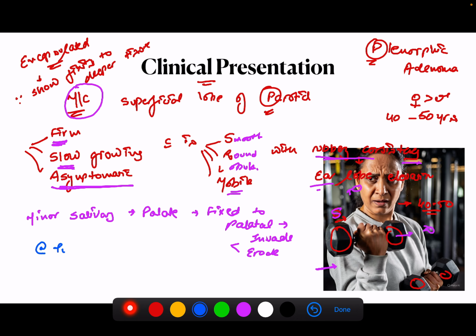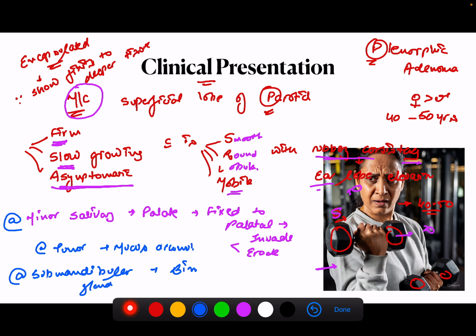Also, since it is a tumor, mucus accumulation can be seen inside it. And when it is seen in the submandibular gland, bimanual palpation is done, and fine needle aspiration cytology can be performed to form the diagnosis of pleomorphic adenoma.